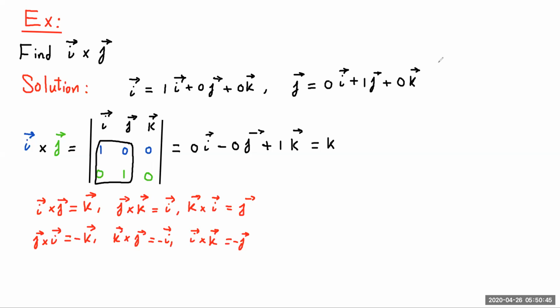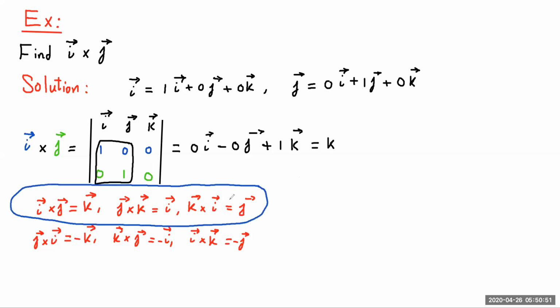Okay, there is a nice method to remember these three formulas. These are very important formulas. Let's write like this: i, then j, then k, then repeat again: i, j, k, etc. If I take the first formula, i times j equals k, so i and j give me k.